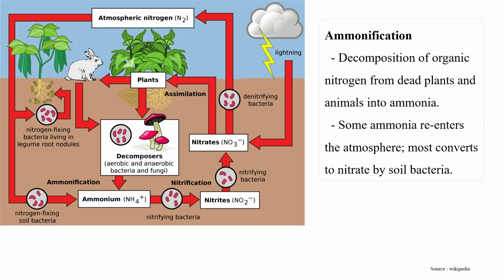Now, another subtopic related to this nitrogen cycle is ammonification. Ammonification means decomposition of organic nitrogen which is present in dead plants, dead animals, into ammonia. Means organic nitrogen to ammonia. This is known as ammonification.